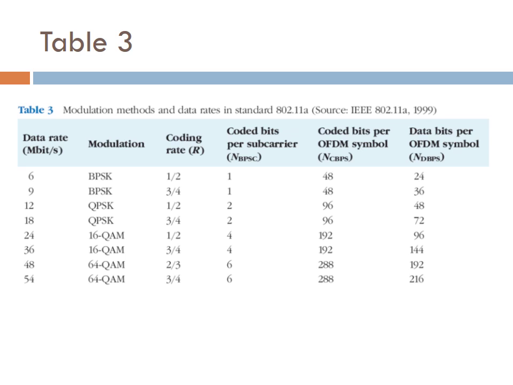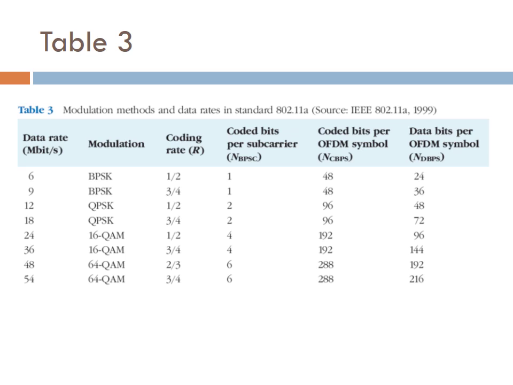Because of the use of coding, this will be more than the number of bits that were in the original data. Column 6 gives the number of bits of original data that are encoded in each symbol. So, for example, in row 1, 6 megabits per second, every 48 bits of coded data convey 24 bits of original data.